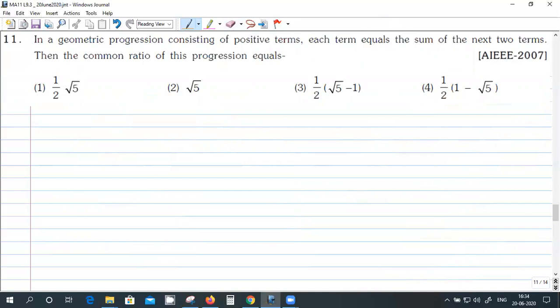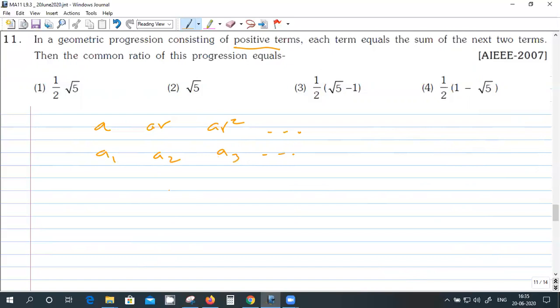So the terms are positive. Take the GP: A, AR, AR square, and so on. Each term equals the sum of the next two terms. Let me also write them as A1, A2, A3.